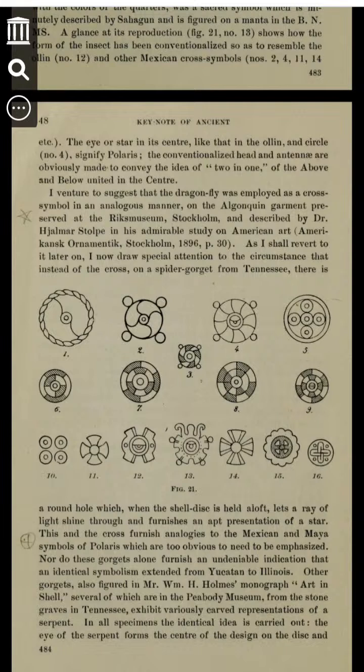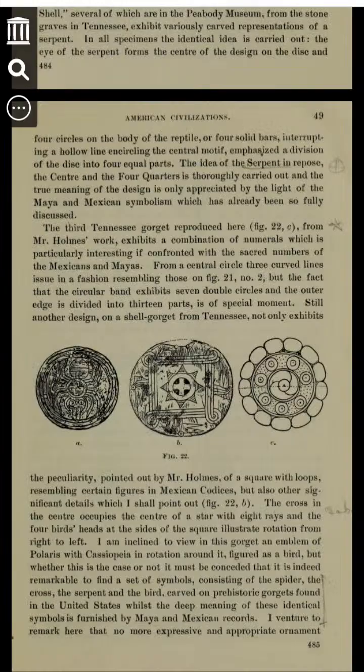The eye of the serpent forms the center of the design on the disc, and the four circles on the body of the reptile, or four solid bars, interpreting a hollow line encircling a central motive, emphasize a division of the disc into four equal parts. Let me change this so y'all can see what they're talking about. All right.